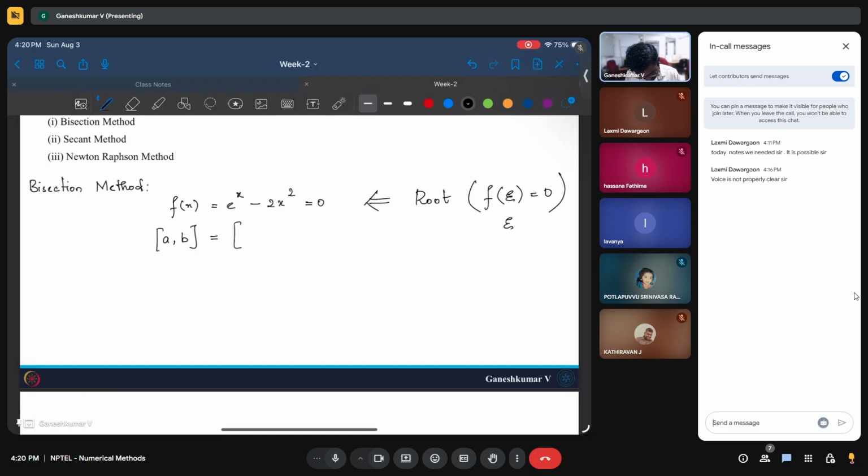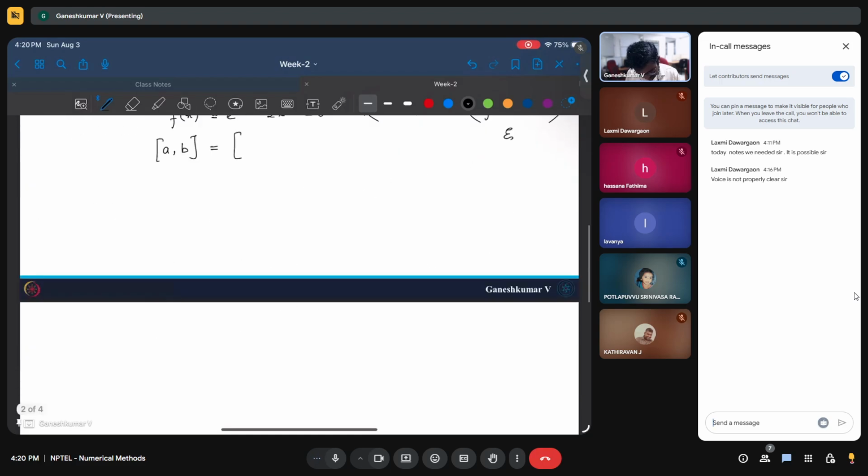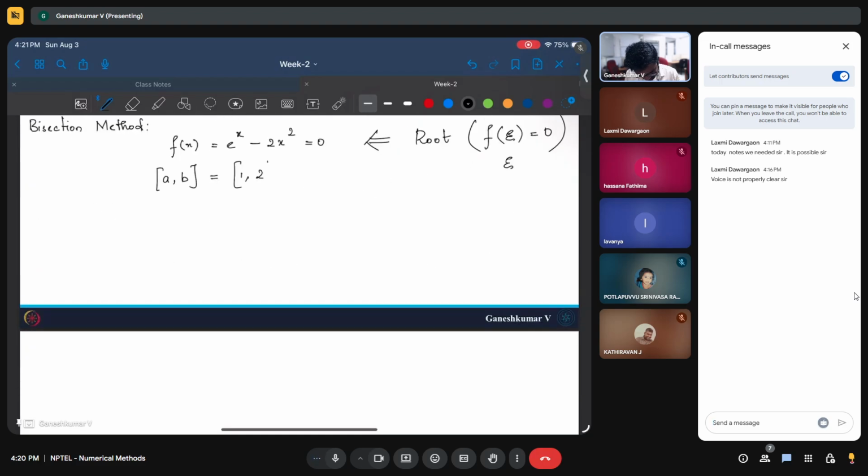A and b is 1 and 2, I guess. Yeah, 1 and 2. So how do we perform this? First we need to check whether the root lies in between or not. And how do we do that? First we will find f of a and f of b.